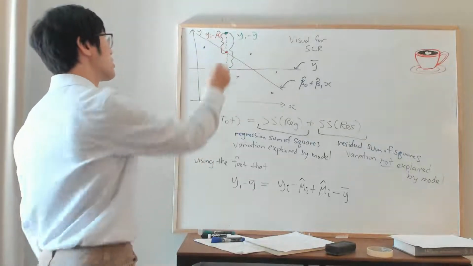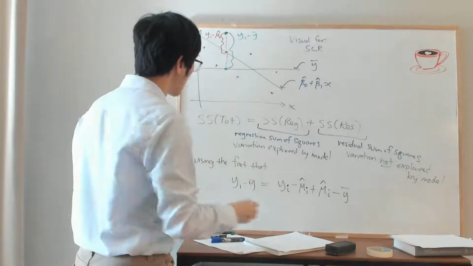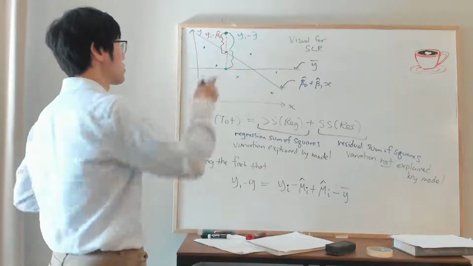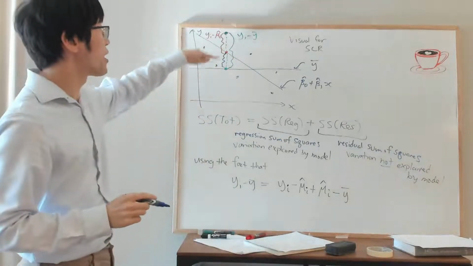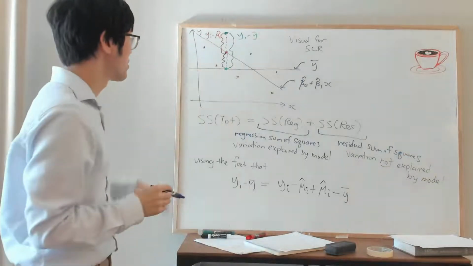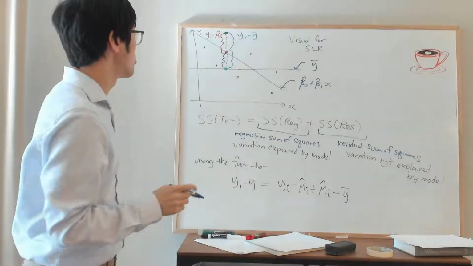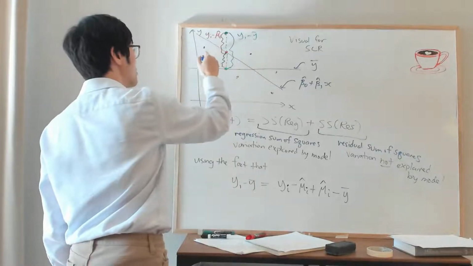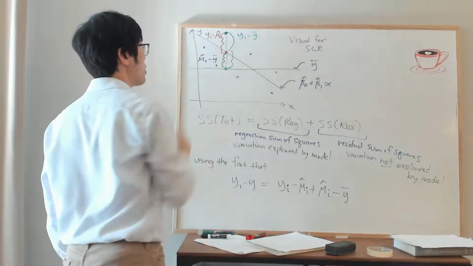And you see in this example, this is part way to y bar. So what's this remaining difference? From the regression line to the horizontal line y bar, it's going from y bar to mu i hat, the fitted value. So this is mu i hat minus y bar.